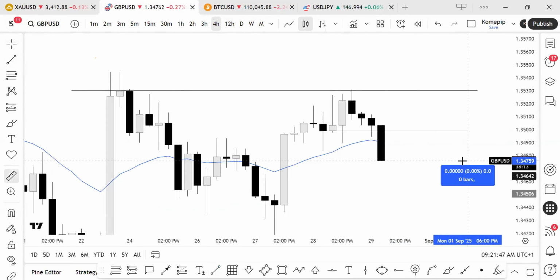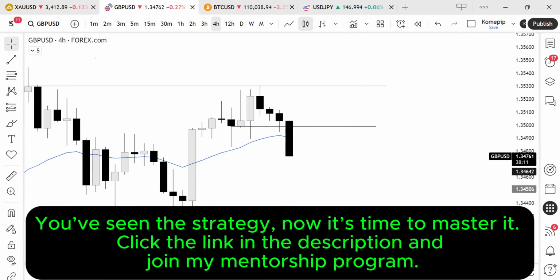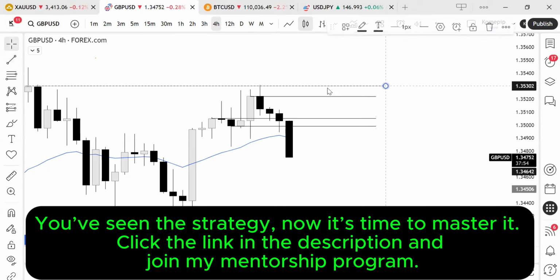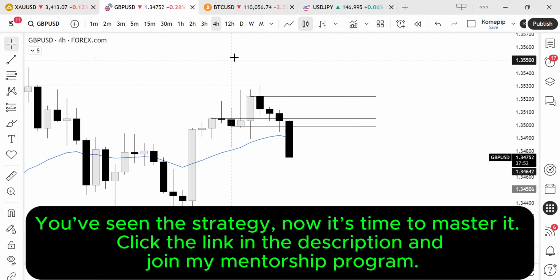We actually have a good sell level here. You can sell from here directly, but you need to wait for a form of liquidity to be taken before you take that setup. GPUSD is very nice overall. So these zones are high probability zones. Look for your entries around this zone, and you'll be okay.